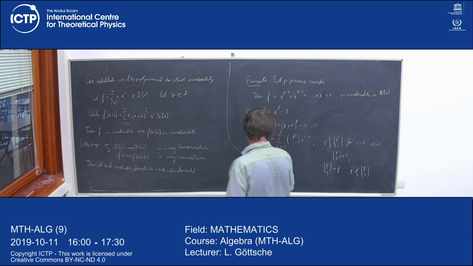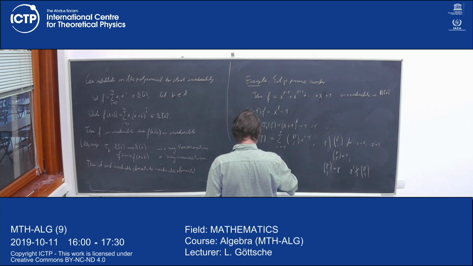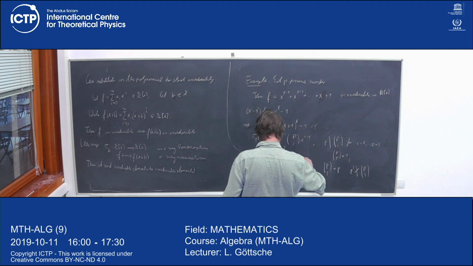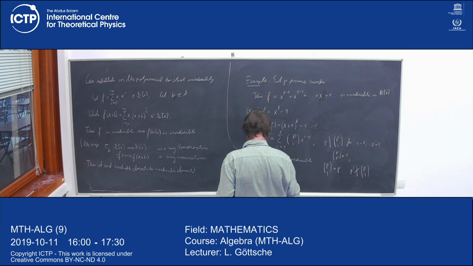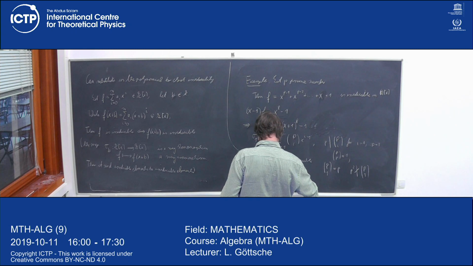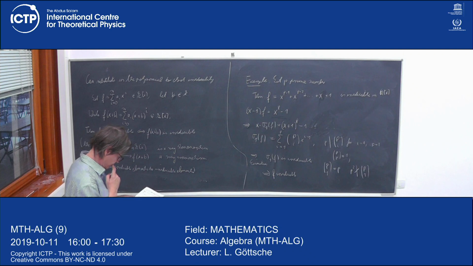So it follows by the Eisenstein criterion that sigma 1 of f is irreducible, and thus f is irreducible. Okay, so this is another such example.